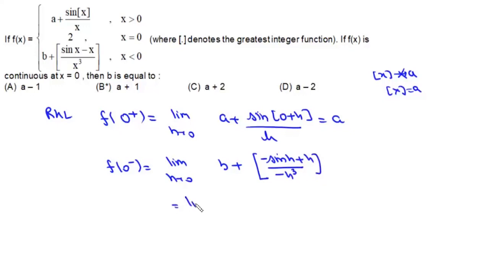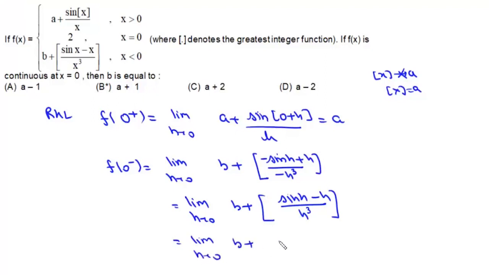Now we can write this as limit h tends to 0, b plus (sine h minus h) upon h cube. Now if we use the expansion of sine h, we can write this as limit h tends to 0, b plus (h minus h cube upon factorial 3 plus higher powers of h, minus h) upon h cube.